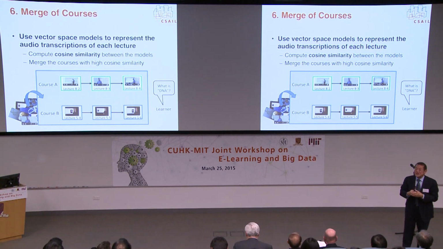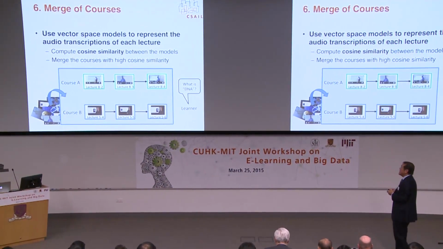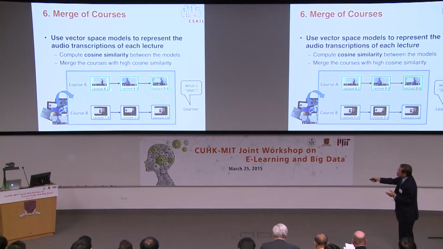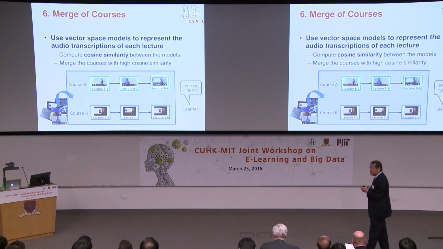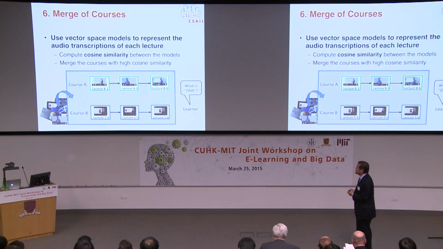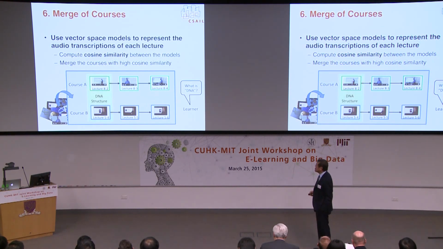A vector consists of the different terms. And whenever two of the courses, two pieces are very close in terms of similarity, as measured by something called cosine similarity, then we can link them together, all right?